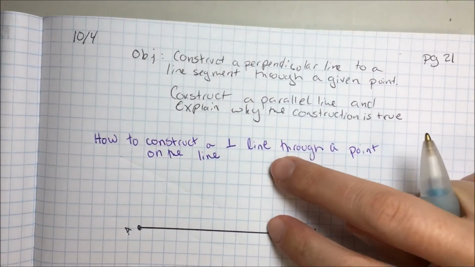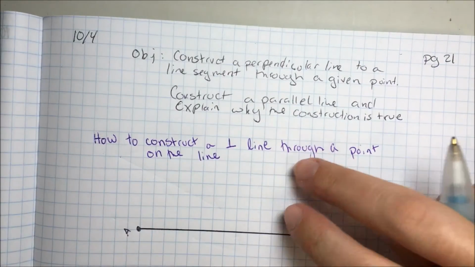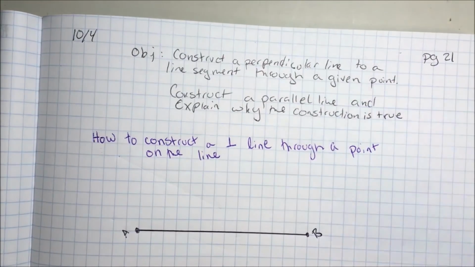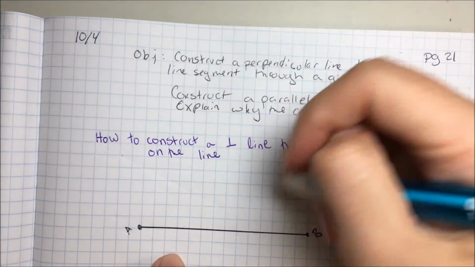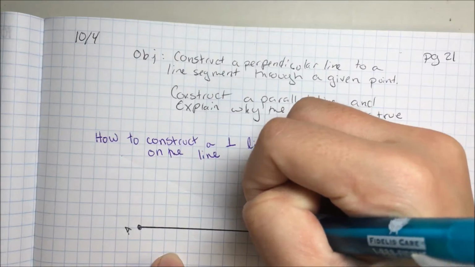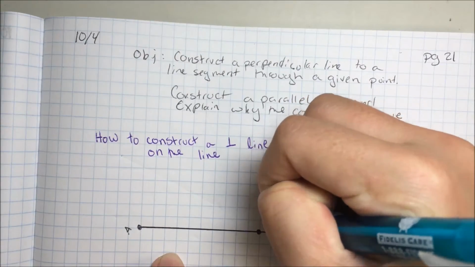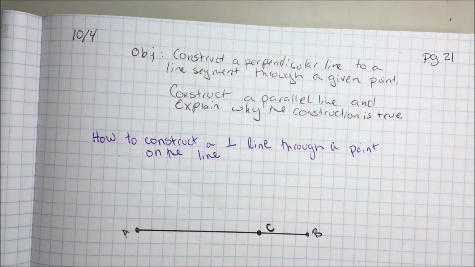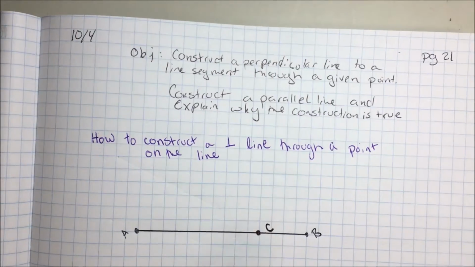Leave some space between this statement up here and this. Okay, and we're going to put point C somewhere on the line. Do not put it in the middle. You can put it anywhere, but not in the middle. Okay, so we're going to make a perpendicular line through point C.